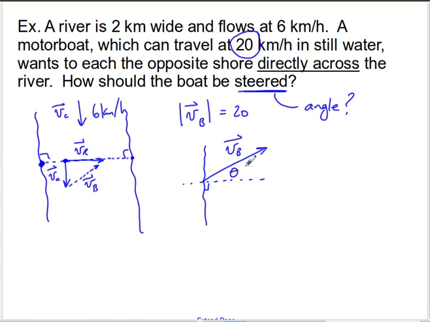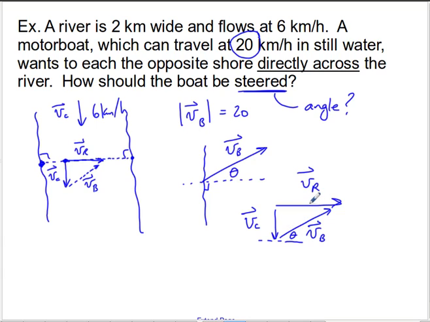To do that, let's take a look at our triangle. We have the resultant velocity, we have the current, and we have the velocity of the boat in still water. If we are interested in this angle theta, that would be the same as this angle down here.